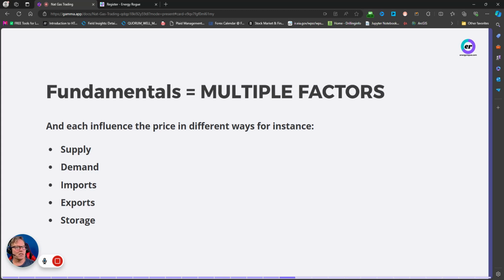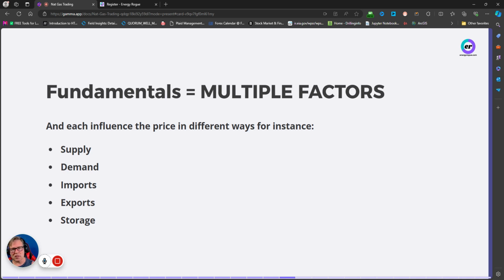For instance, supply. Are we rising, declining? Are there new pipelines? Are there pipelines in maintenance? Demand. Are we increasing, decreasing? How are renewables impacting that? Imports. What are we getting from Canada? What are we getting from LNG? Believe it or not, the United States imports LNG.